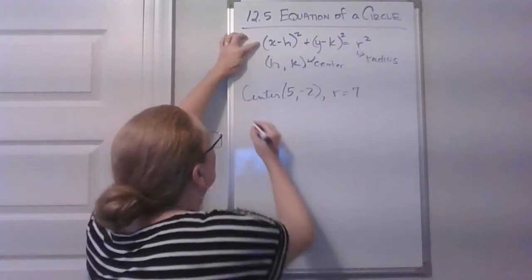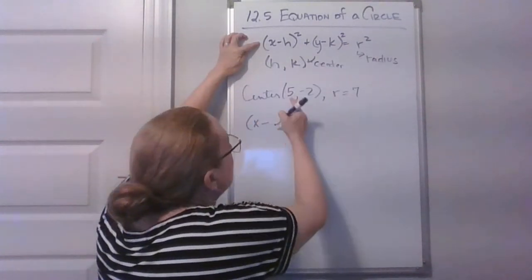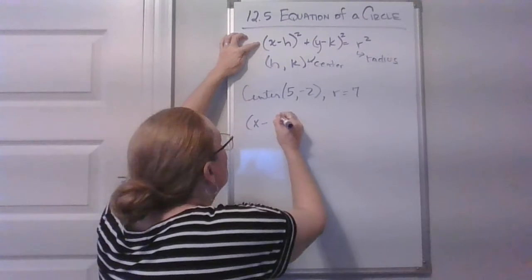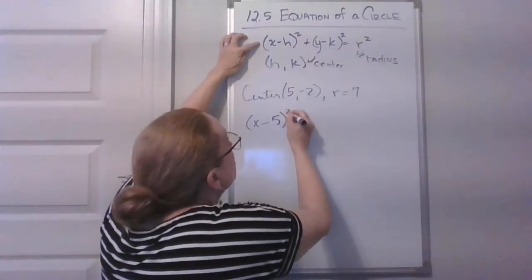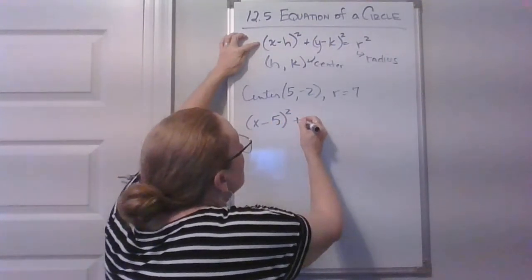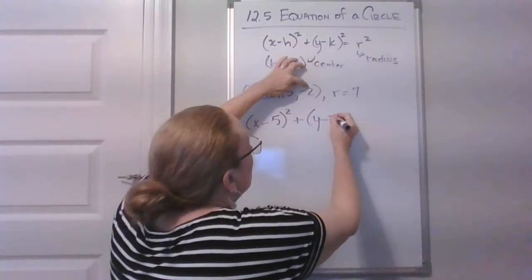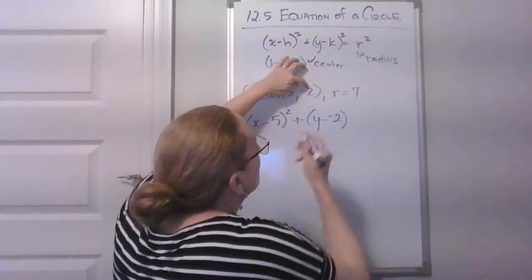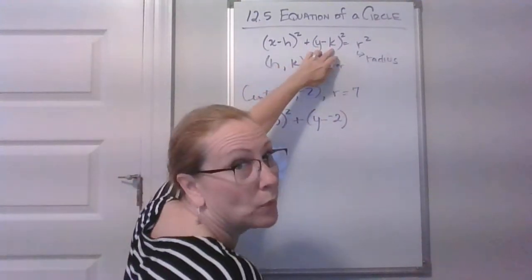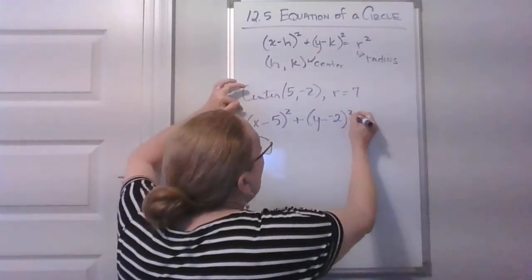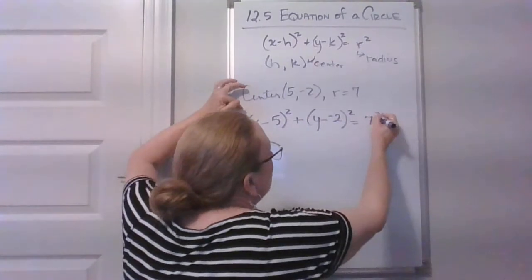So we begin with x minus, our x value is 5, squared, plus y minus, our k value is -2, so that our y value goes in with the y value there. And then our radius is 7.